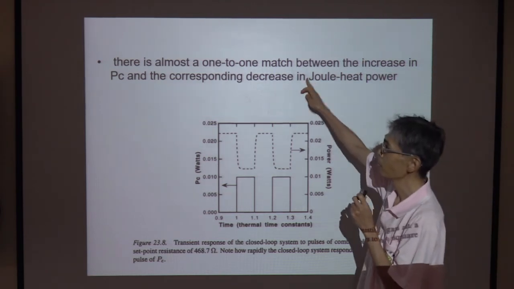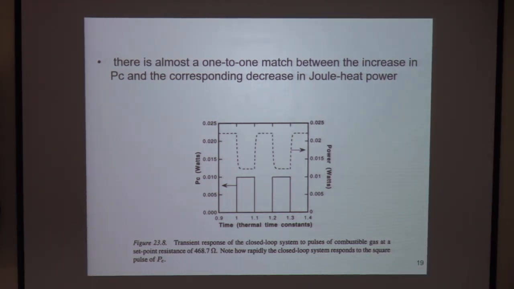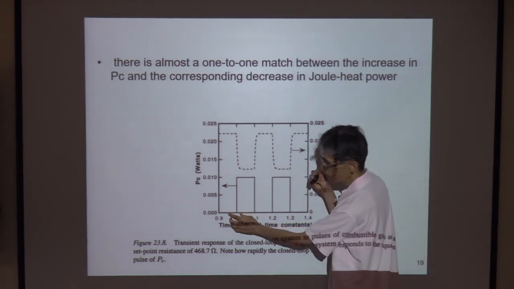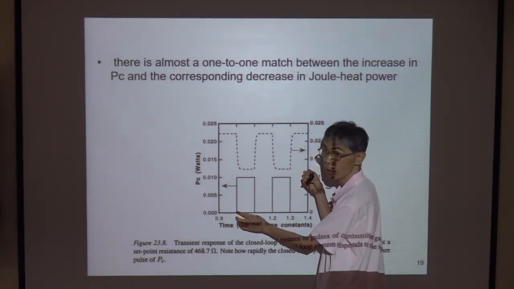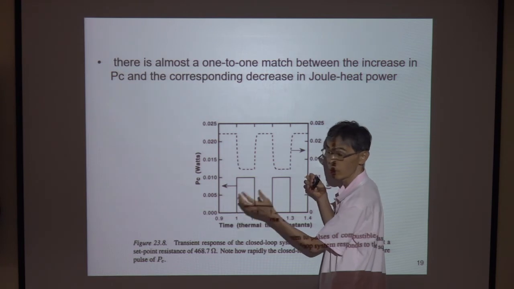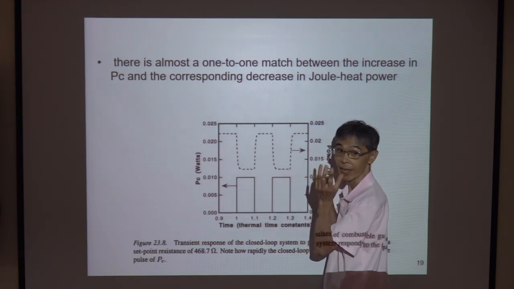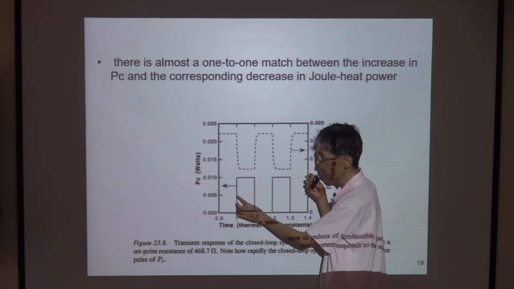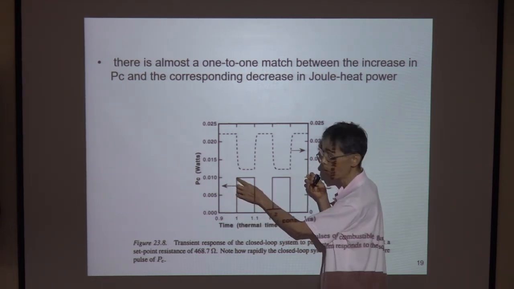Ahwan, could you read this? There is almost one-to-one match between the data increase in PC and the rapid increase in jar hits out. This is the output power. If the PC has a chemical reaction, your sensor detects the gas in the chamber. So this is the power of the chemical reaction.